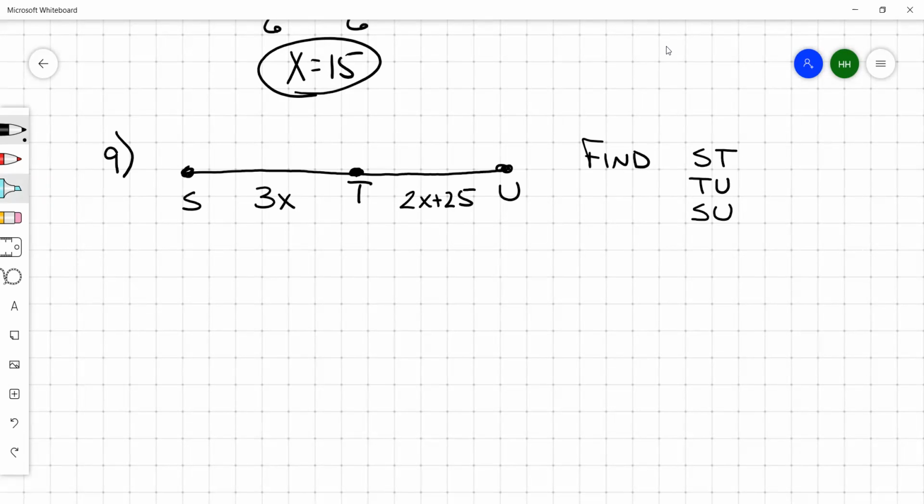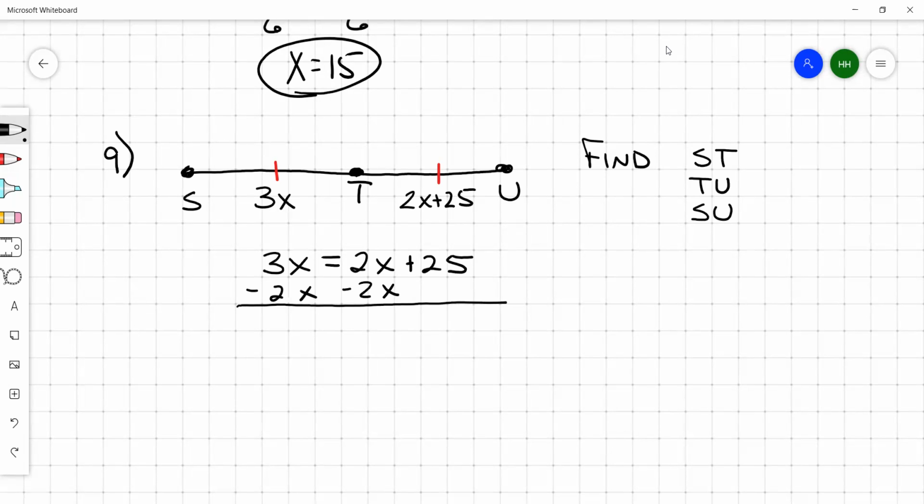T is the midpoint. If T is in the middle, then these two segments are congruent. They're equal to each other. So 3X is equal to 2X plus 25. So subtract 2X. And 3X minus 2X is just X, and it's equal to 25.